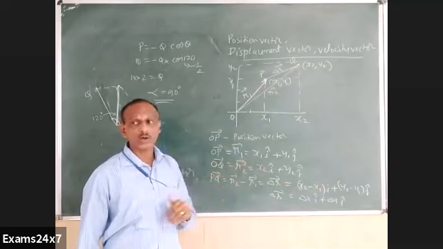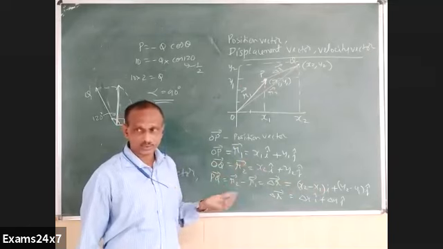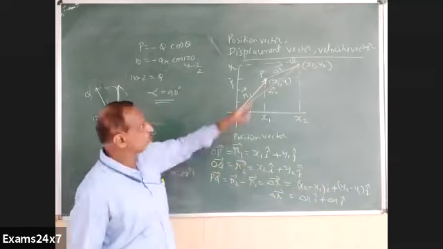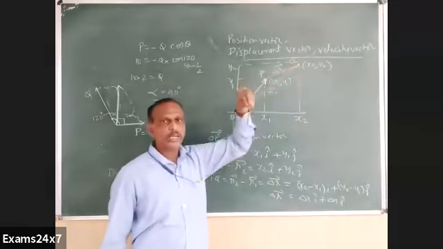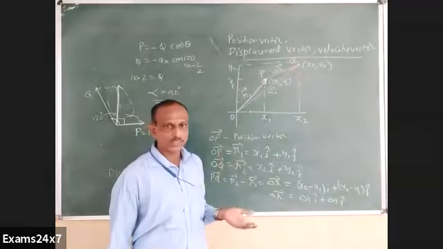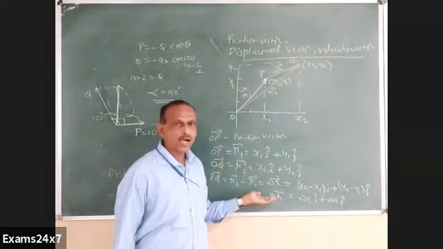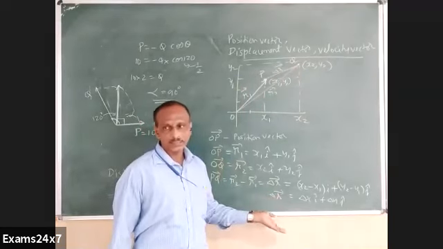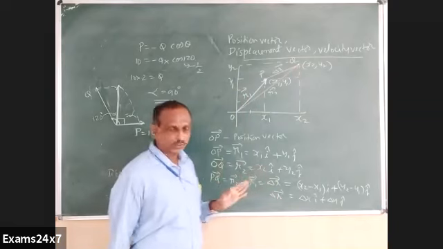Knowing that, we can find out the velocity vector. Can you tell me what is the velocity vector here? If it moved from P to Q in a time delta t, then what is the velocity vector? Delta R divided by delta t becomes the velocity vector.